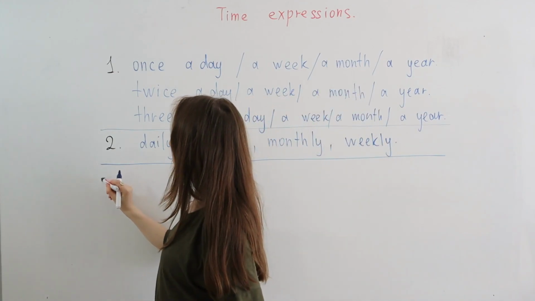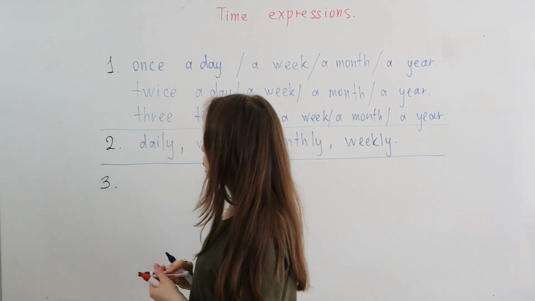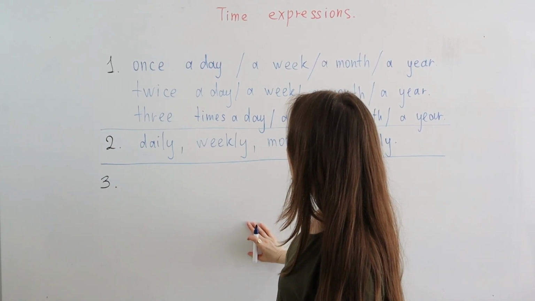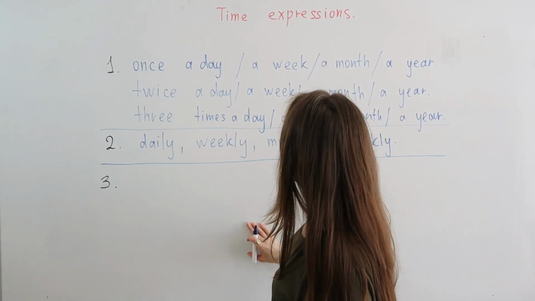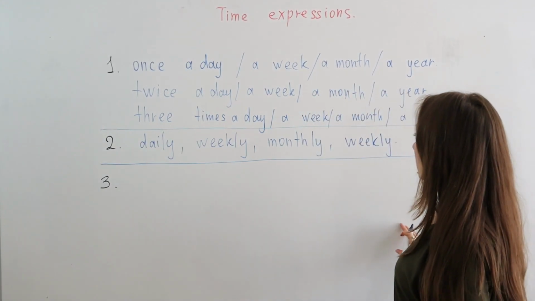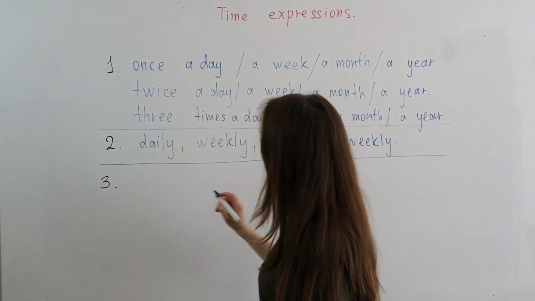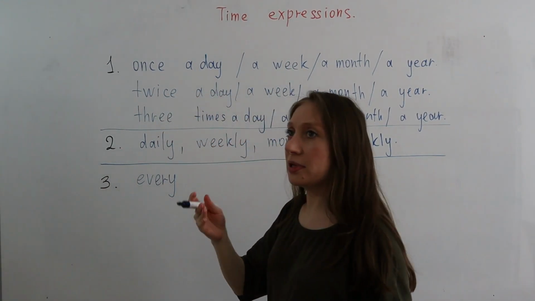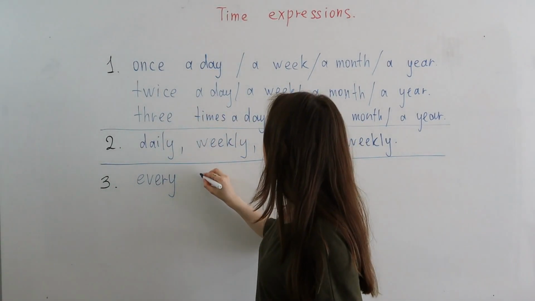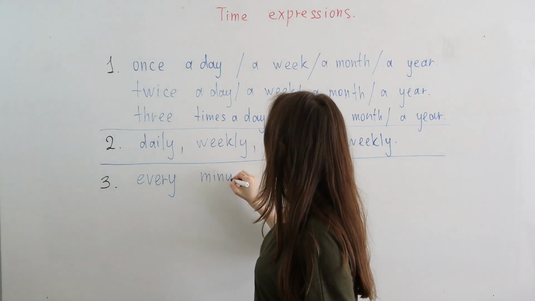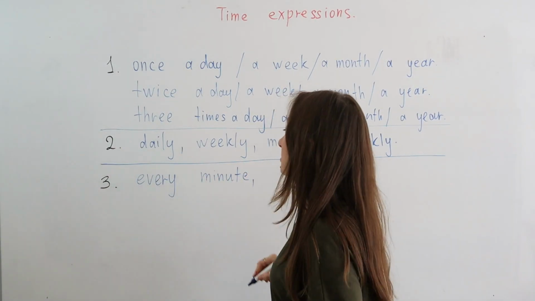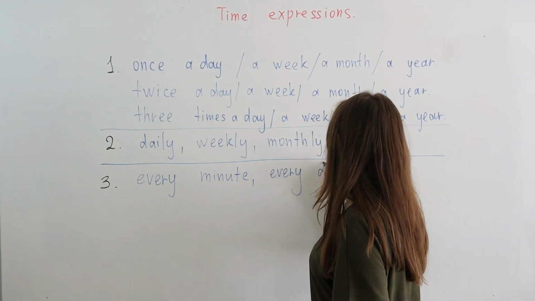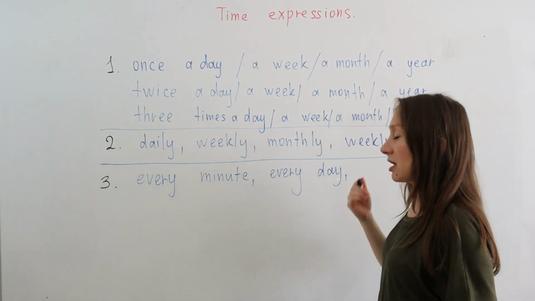Number three, so we use the next form. It is daily, weekly, monthly. Yeah, we will say every. For example, let's start with a minute. Every minute. Next, every day. Next, every week.